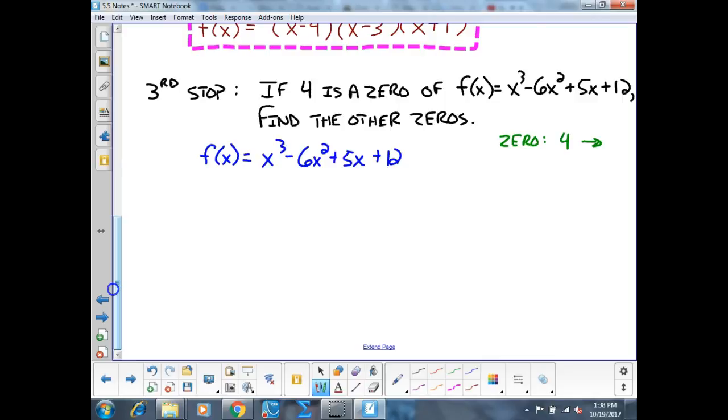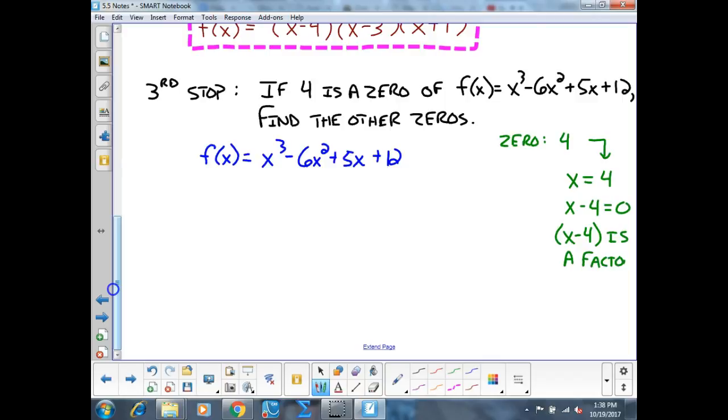That means that x had to equal 4, which means that x minus 4 had to equal 0, which meant then that x minus 4 is a factor.